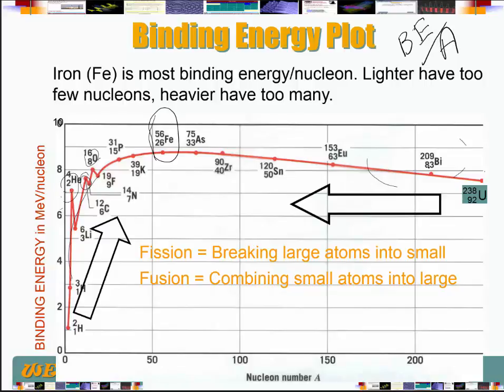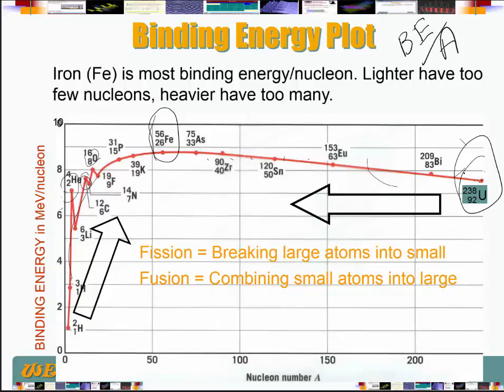But what does this mean? The fact that we have a maximum here. If we start with an atom here, and it breaks into smaller atoms via alpha decay and numerous decays as they happen, we go from a less stable nucleus to a more stable nucleus as we go this way.